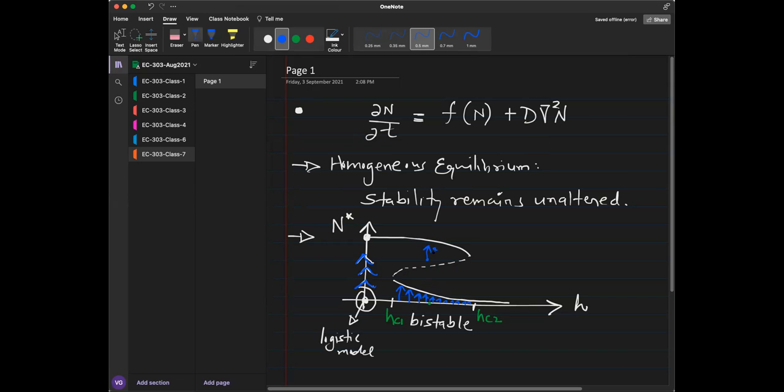The question is, what happens in the case of the spatially explicit model? So I had asked you this question to figure out by numerical simulations. I will just quickly show you, from the code I had given you, what happens. Okay. Just in case any of you had any questions and confusion.